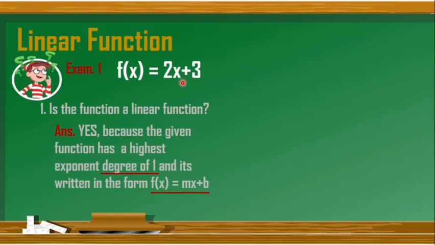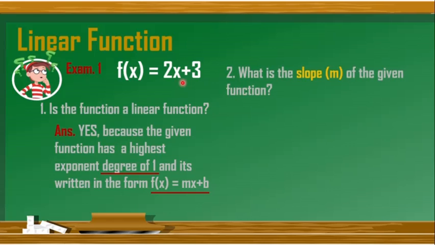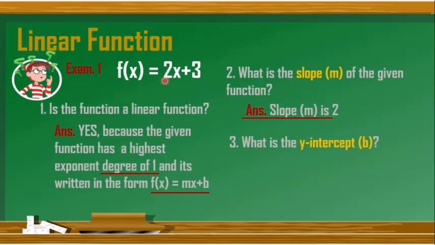If it is a linear function, what is the slope, or our m, in the given function? You must look at this one. Our slope m is 2. From that linear function, what is our y-intercept, our b? You will look at this portion here.